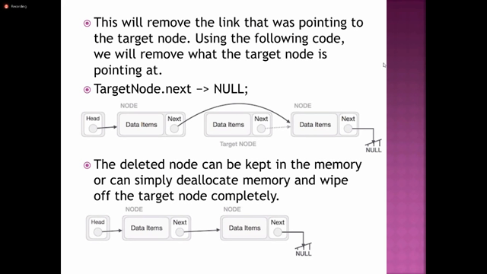Then the code can be considered for removing, as target node dot next will direct to the null pointer. Then the deleted node can be kept in the memory or we can simply deallocate memory and wipe off the target node completely. Right? This is how we can delete a node from the linked list.